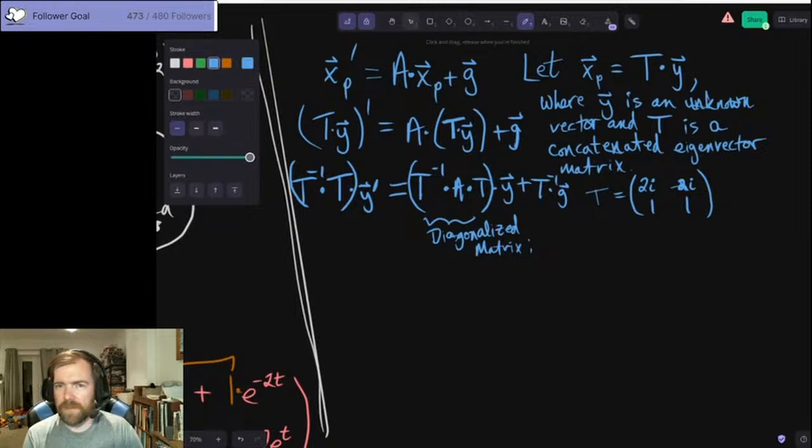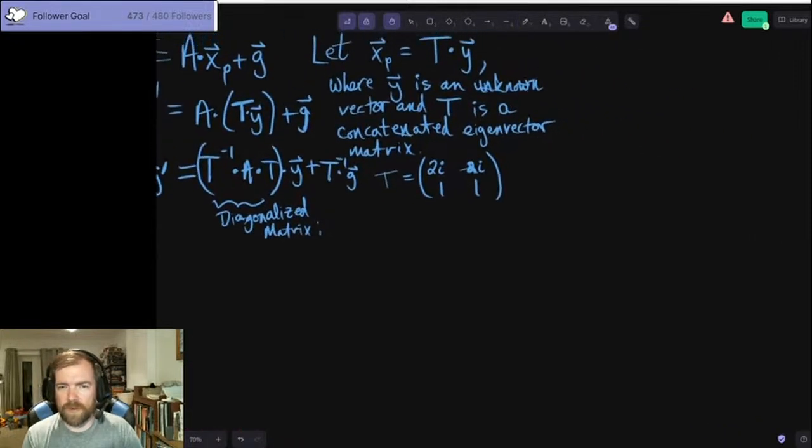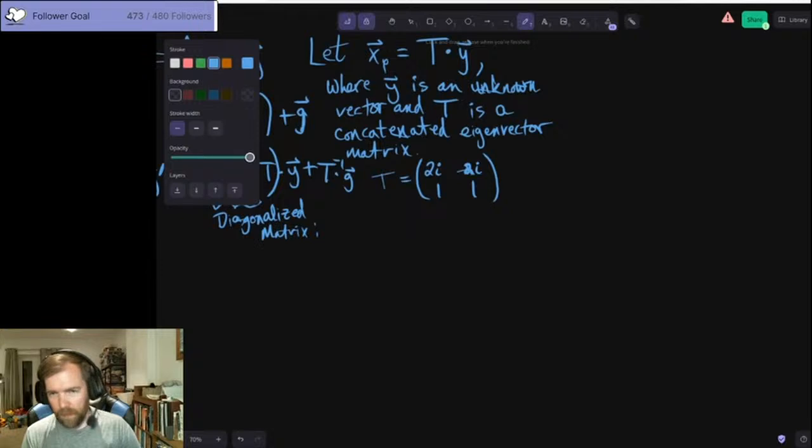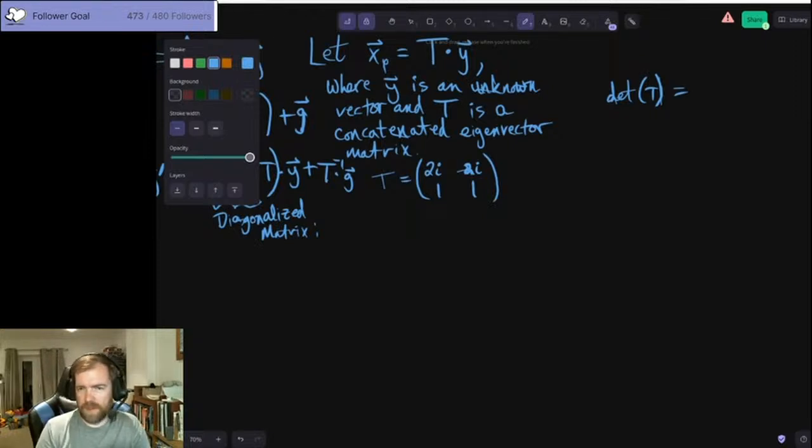So, let's see. At the very least, we can do the example that is sitting before us. The determinant of T is going to be 2i plus 2i, so 4i.